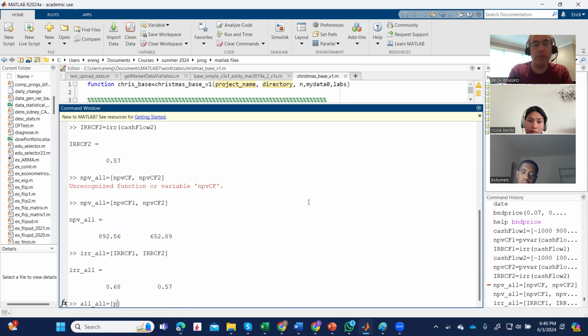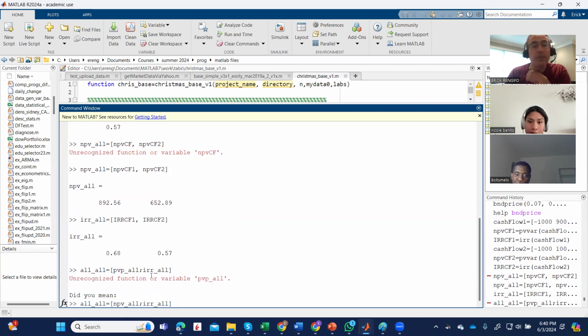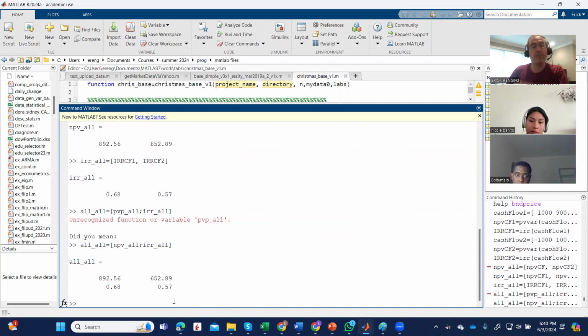I can join the NPVs up, NPV all goes on top. And I want the next one below. So what do I need to use here? I need to use a semicolon. And then I simply join internal rate of return all. So this is what we were talking about the other day. I'm sorry, it's not PPV all, it's NPV all. Yes, this is what I need. And here you go.